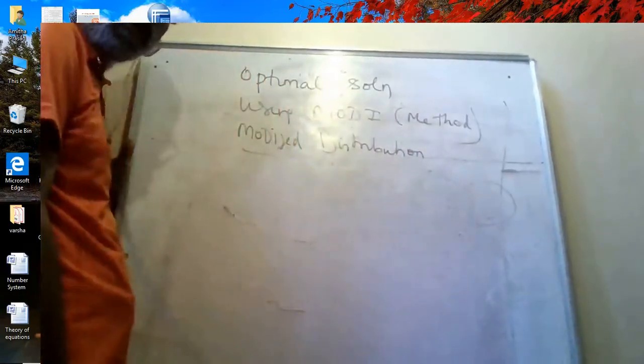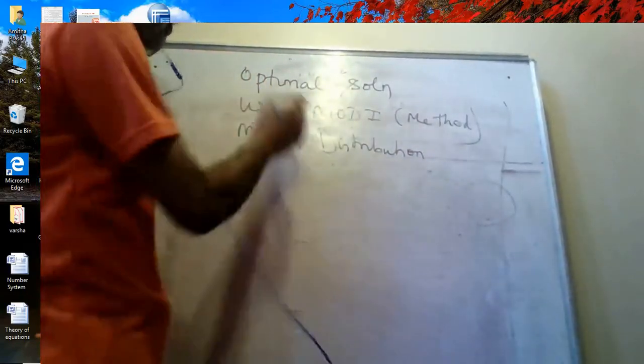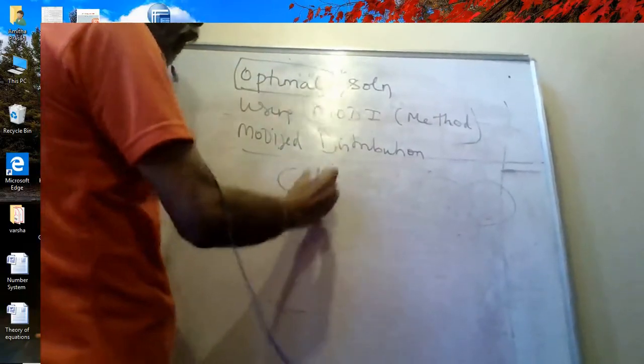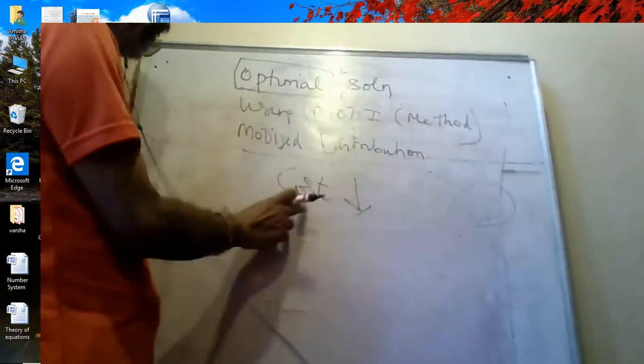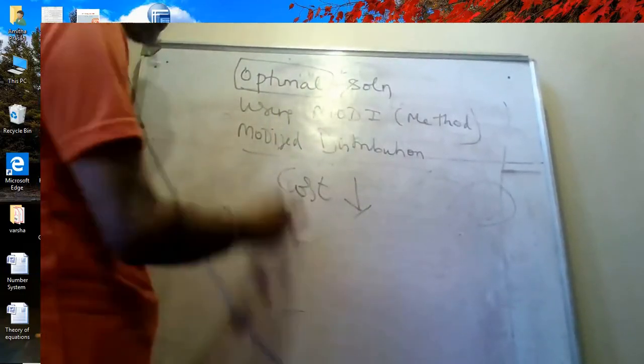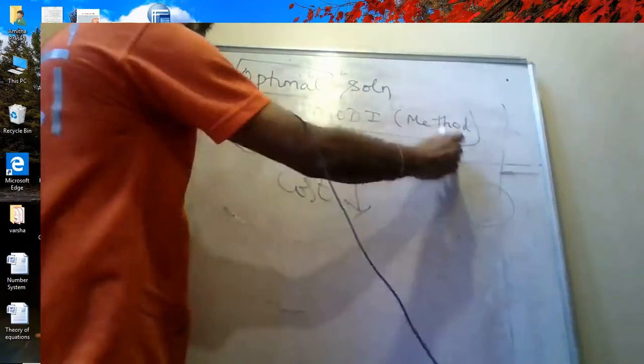Modified distribution means we change the route to make the solution optimal or to reduce the cost. So by changing the route, we'll try to reduce the cost. So changing this route is called modified distribution.